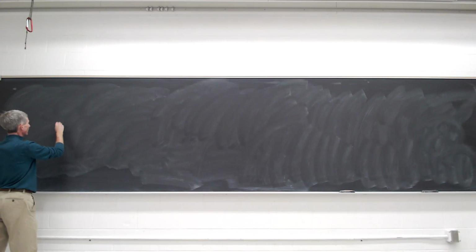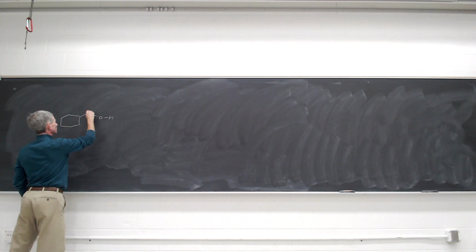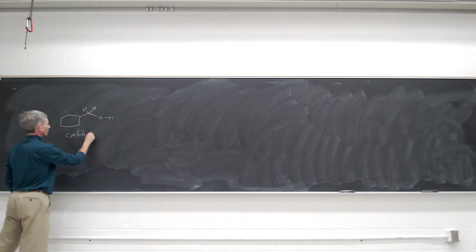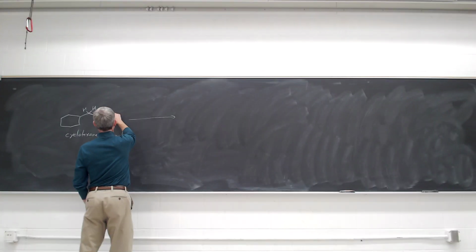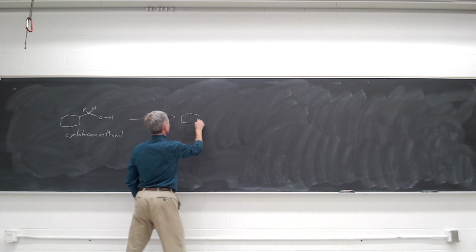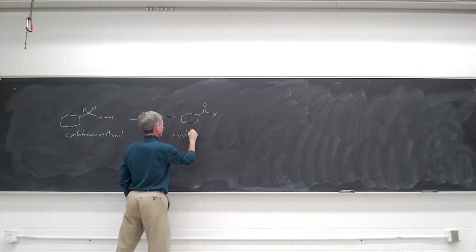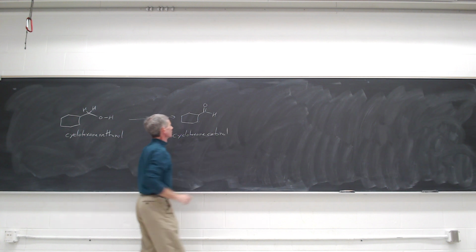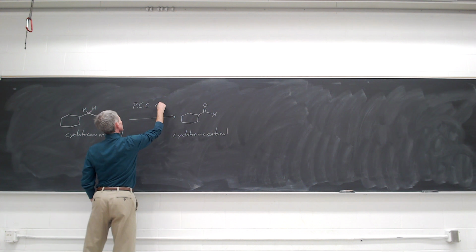So if we're taking a primary alcohol, say cyclohexane methanol, and the corresponding cyclohexane carbonyl, we would need to use PCC or PDC.